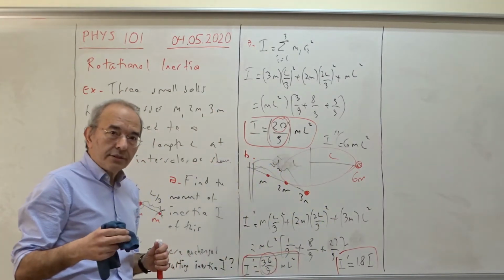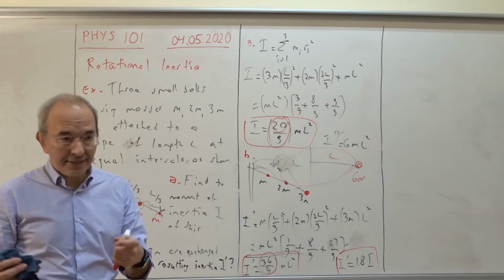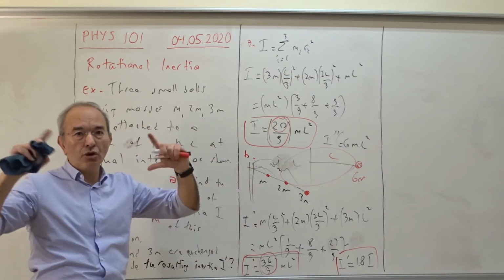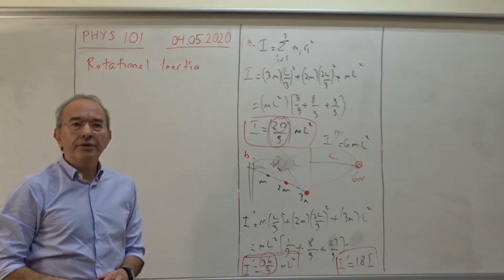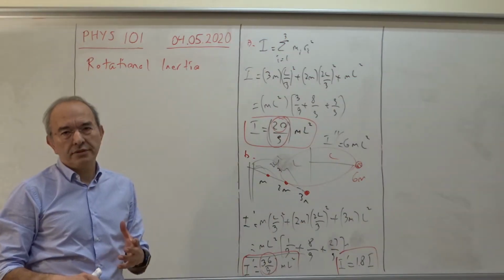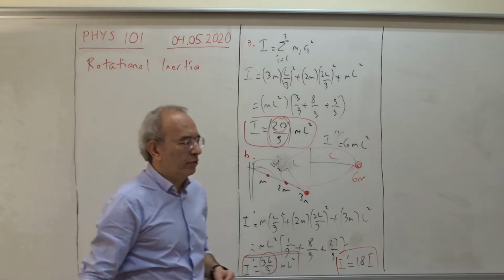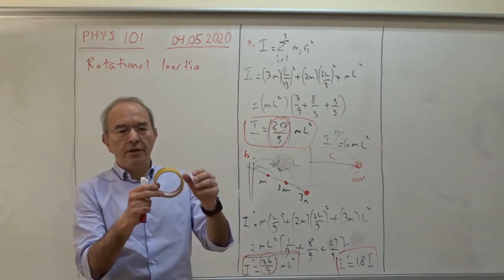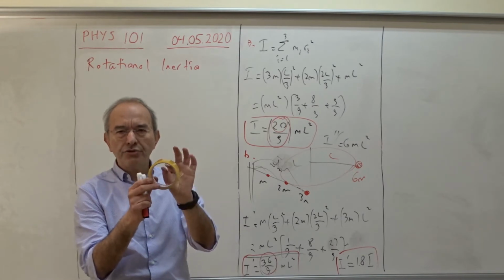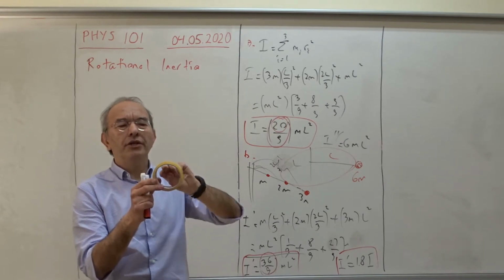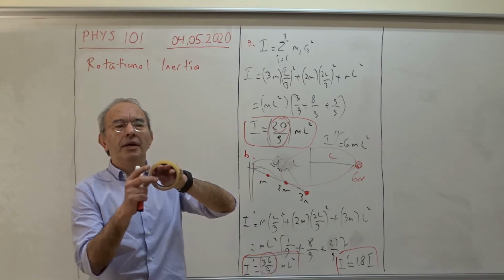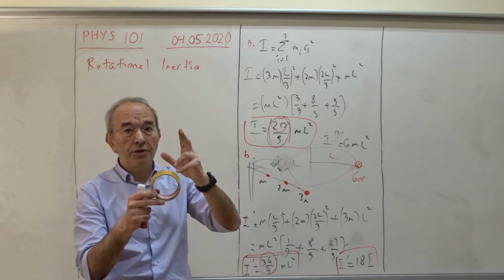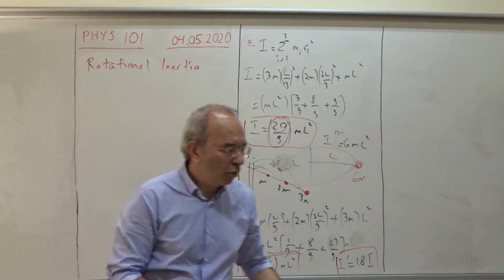So now let's consider the objects having a size. Unlike these point particles, now we will consider the full disk, the total sphere. Consider a certain ring, for instance. Just a ring. It is empty, but it has a certain mass, a certain radius. If you turn this object around this axis, what is the inertia for this object?